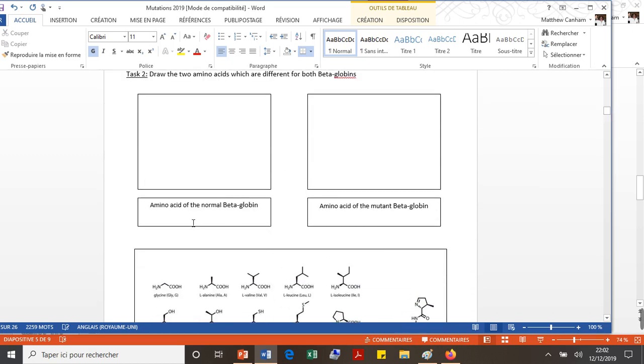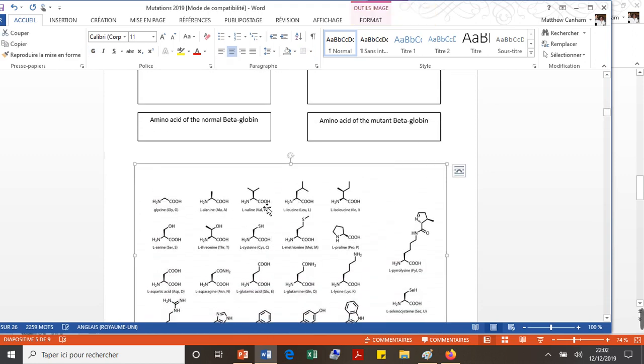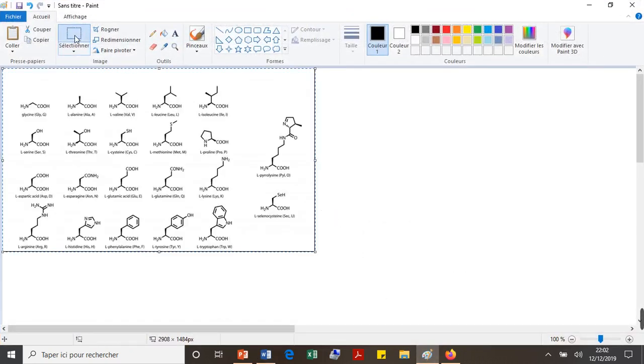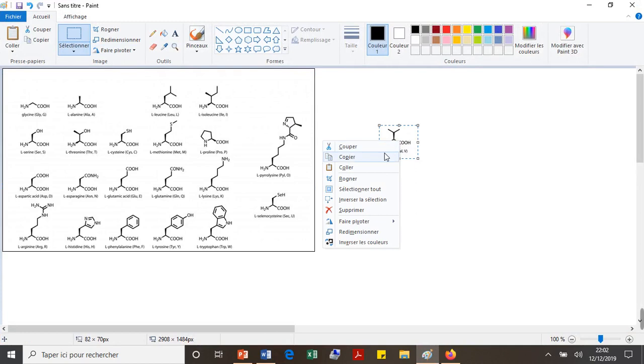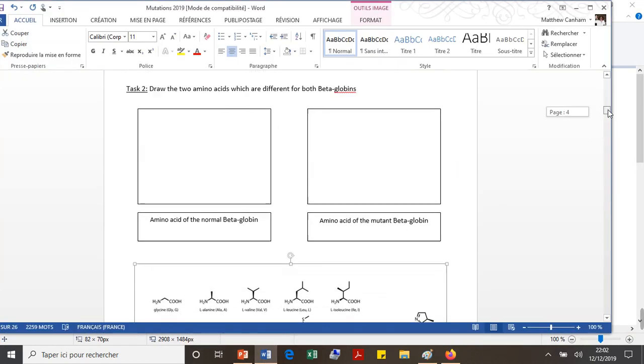So amino acid of the normal beta globin, it's going to be val. I'm just going to isolate it. Oh, sorry, that val is not going to be for the normal, it's going to be for the mutant ones.